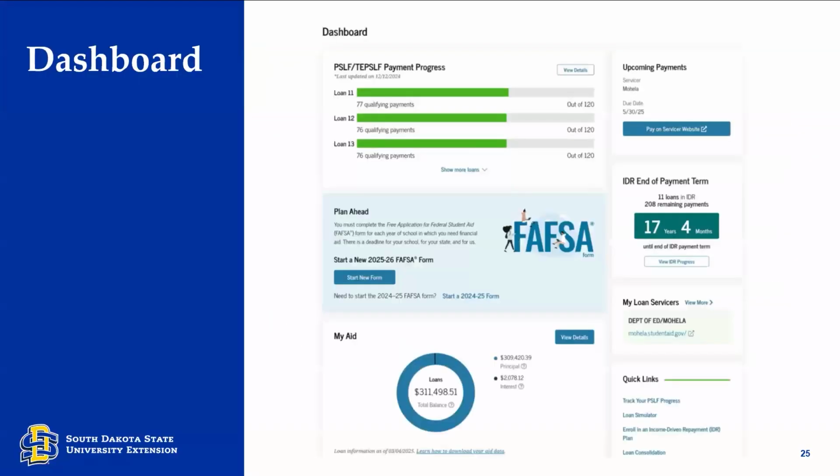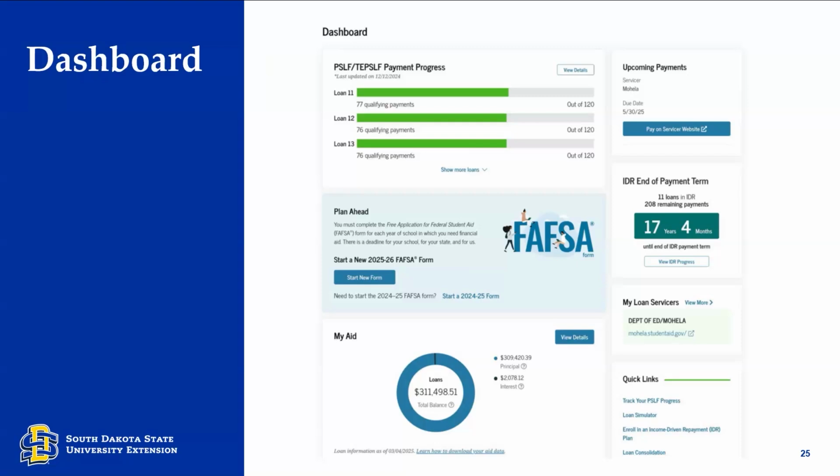When you log on to the studentaid.gov website, this is what the dashboard looks like for your loan. It tells you what your loan types are, what your outstanding balance is, who your loan servicer is, what your payment is, how many payments you've made, and that type of thing.